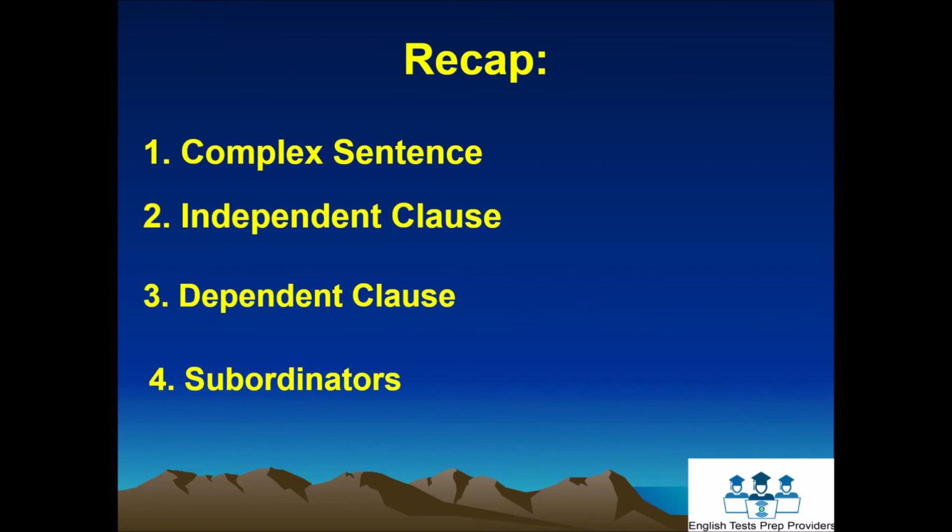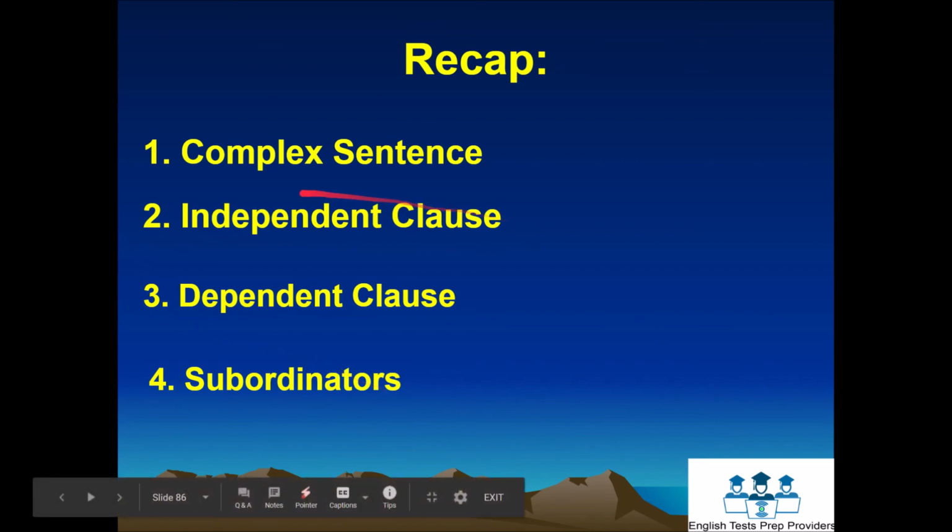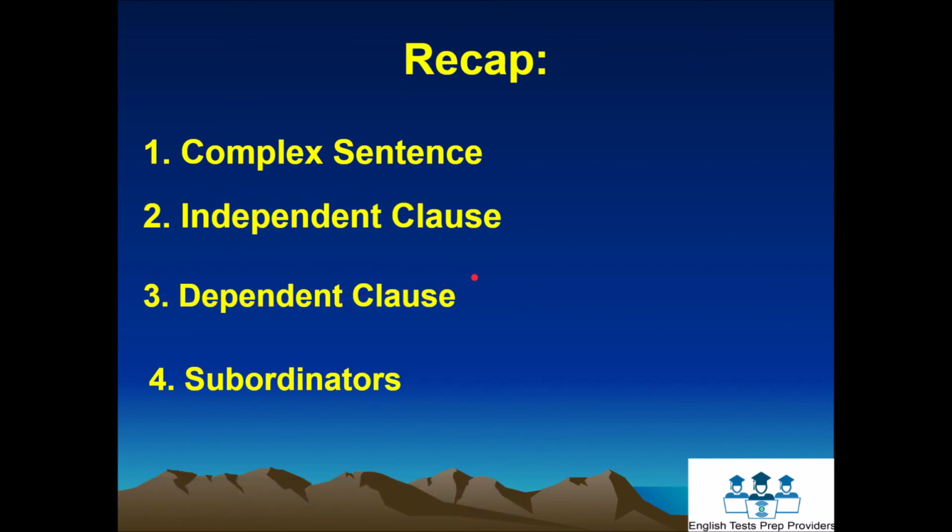Remember that we also learned compound complex sentences. Remember, two complete sentences and one dependent clause. We call that sentence a compound complex sentence.